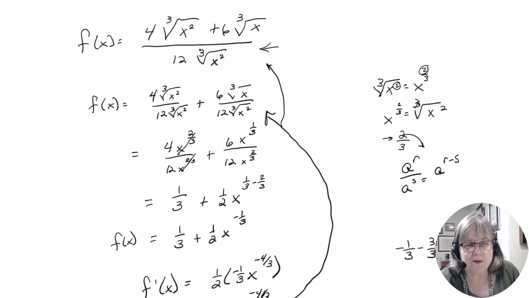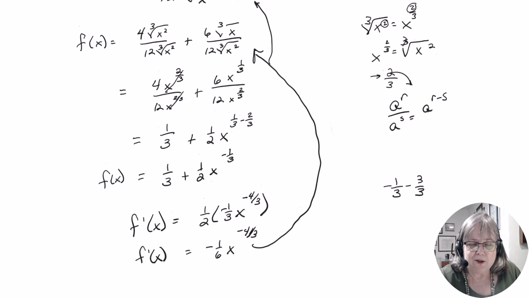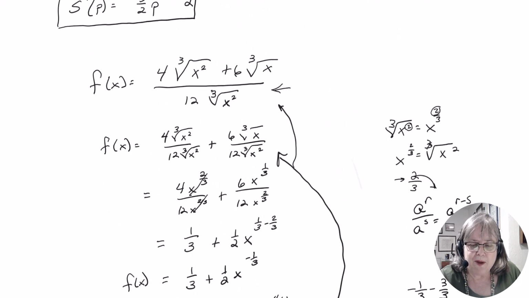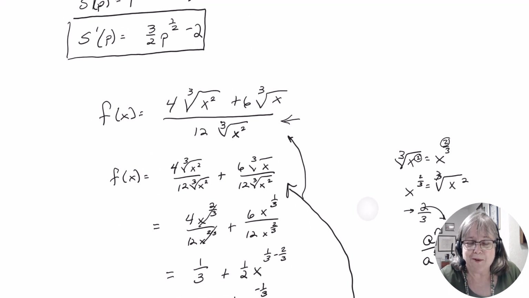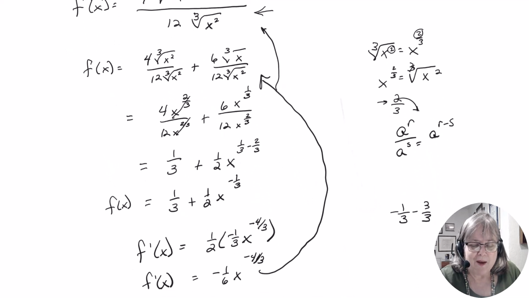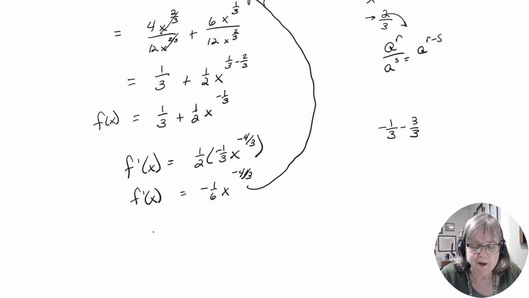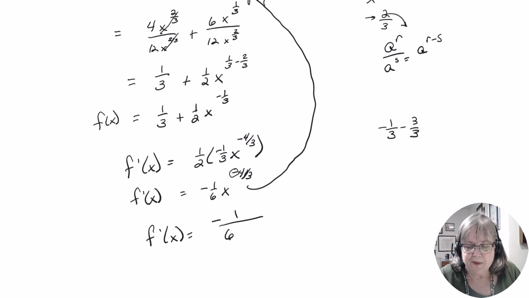So even though derivatives don't work with roots, they work with powers, we're going to change it back because we're going to be polite, okay, whatever you want to say. We're going to follow good form and bring it back to the way it used to be. So f prime of x is minus 1 over 6, and this negative says it's not happy. So we have x to the 4/3.